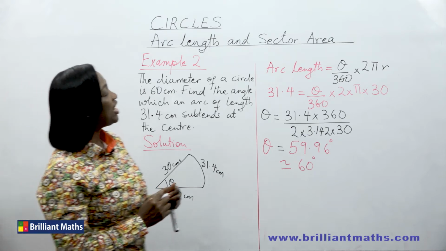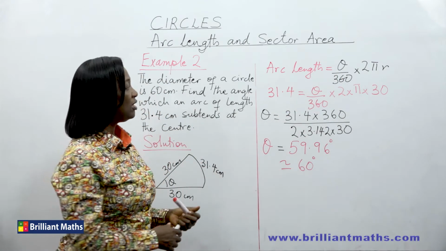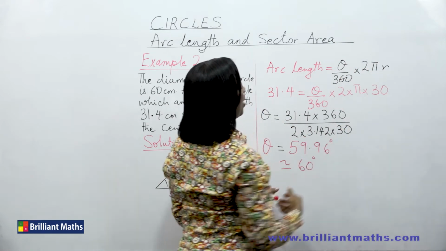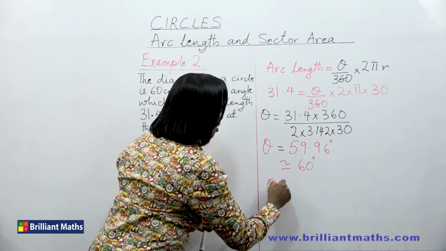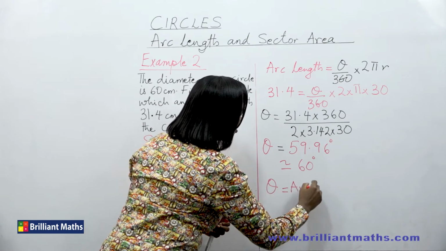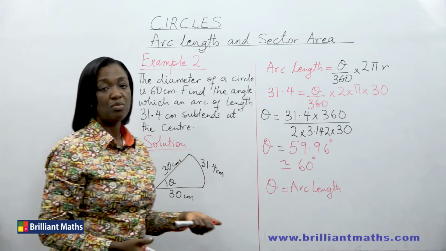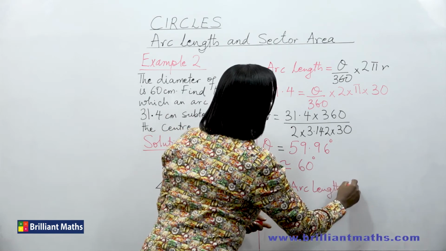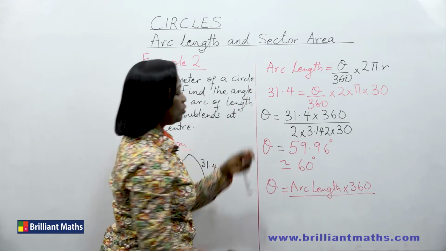We can also generate a formula for finding theta from the main formula. Arc length is theta over 360 times 2 pi r. So the formula for theta will be arc length, which is called L in most textbooks, times 360 over 2 pi r.